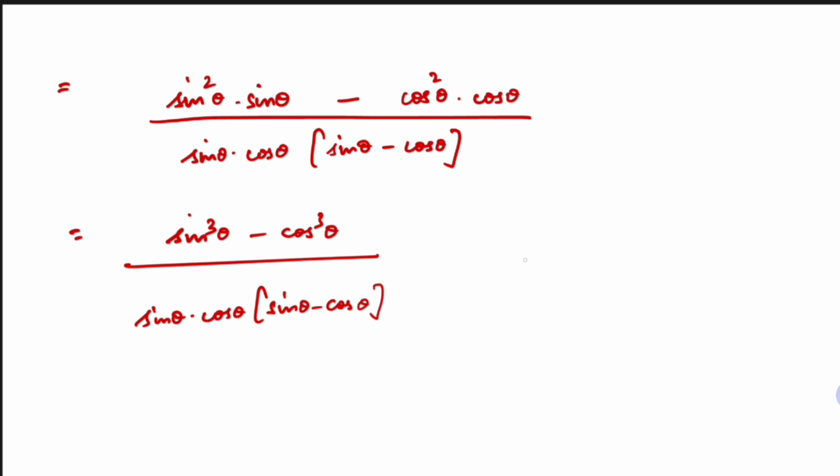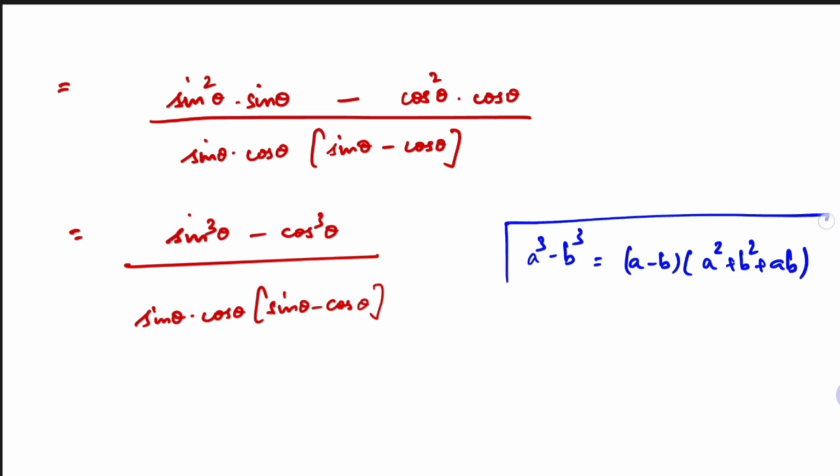We know the formula a cube minus b cube is equal to a minus b into a square plus b square plus ab. We have to remember this formula from our algebra.